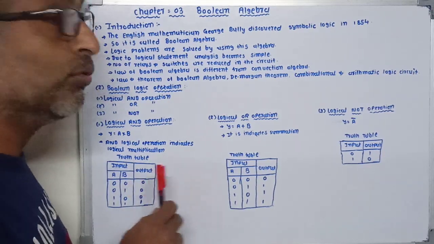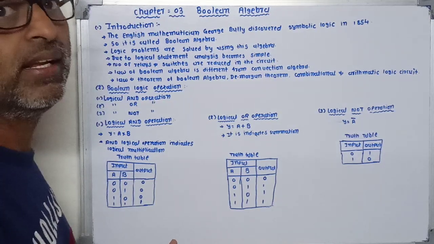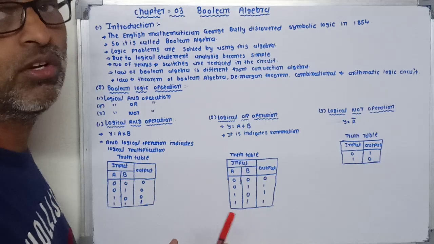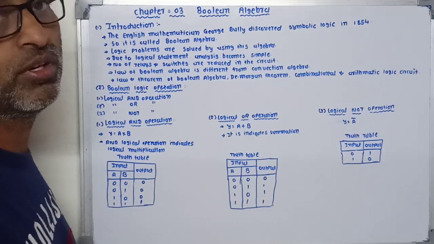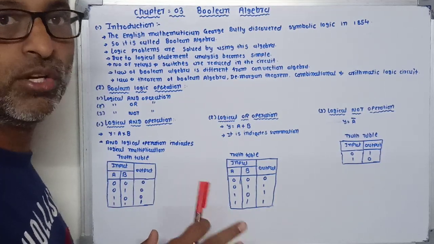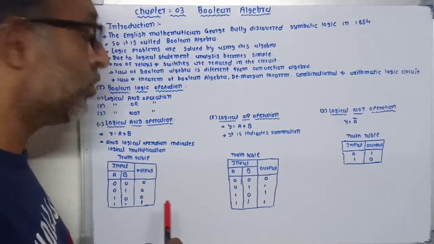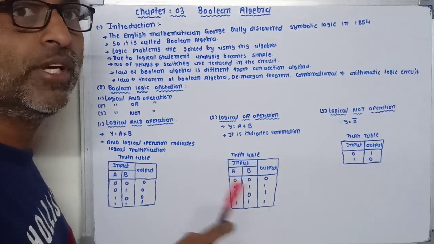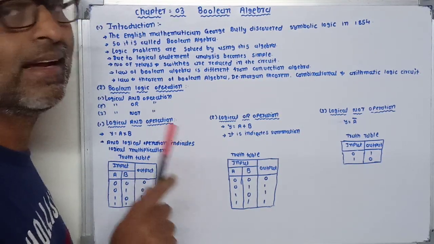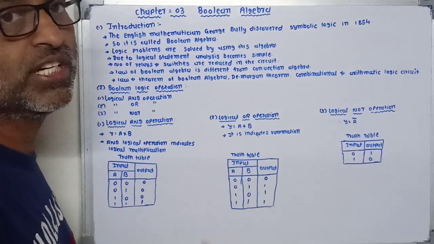In this condition, the input variables A and B may be at logic 1 or logic 0. So it is most important. Either A and B are at 0 logic level or at 1 level. When the input variables A and B are at logic 1, that means at high level, at that time the output is high or logic 1.